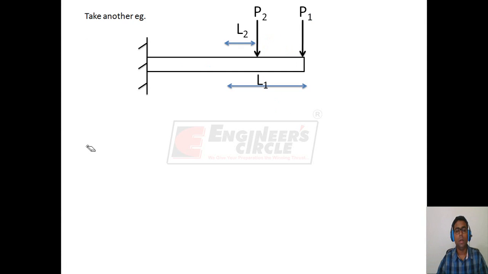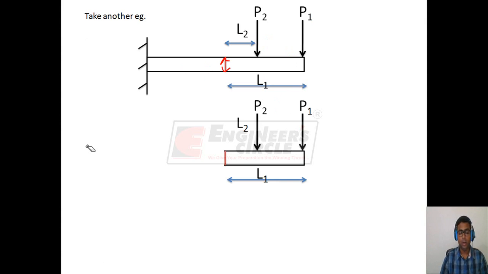Take another example. In this cantilever beam, 2 loads P1 and P2 are acting, and we want to find what is the reaction on this cross section. So we make an imaginary cut. We can see that to maintain the balance, the internal forces on this cross section must be a shear force V and an internal bending moment MZ to oppose the moments given by P2 and P1.